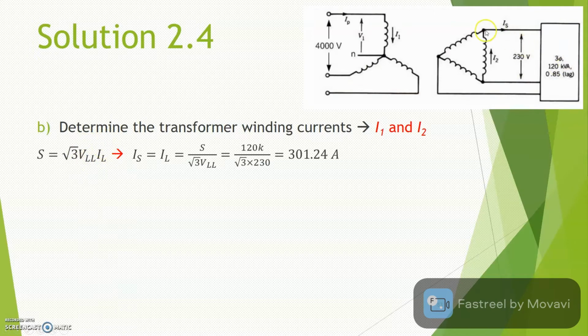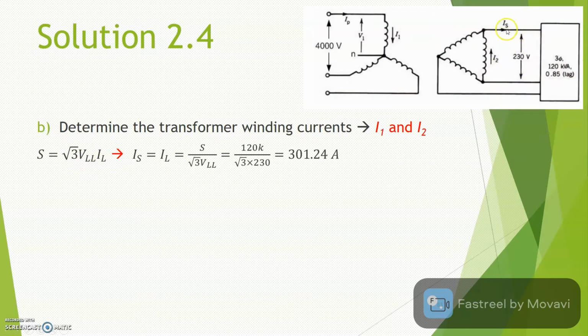If we refer to here, since we know that S at the load is 120K, here you have IS. IS represents the I line, and this is your V line-to-line. Then you can find the value of IS. So IS is equal to S divided by square root 3 multiplied by V line-to-line.